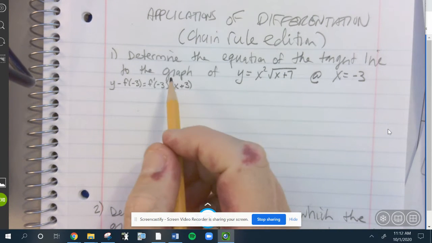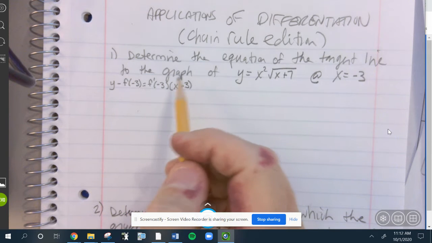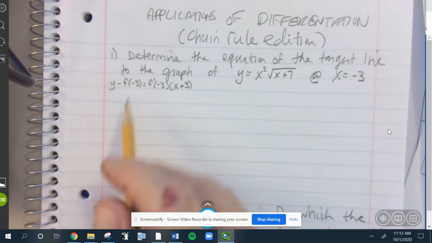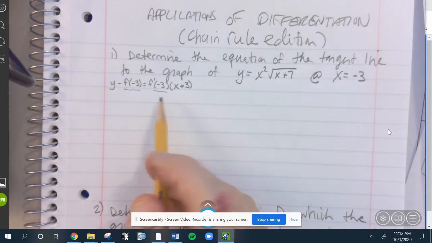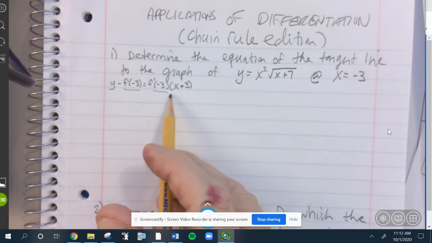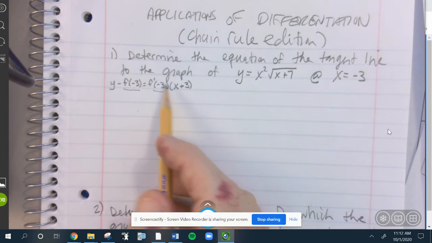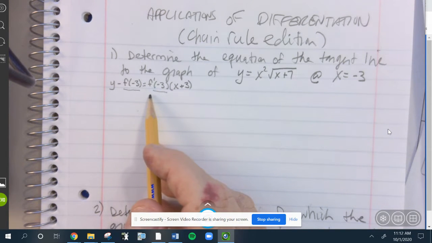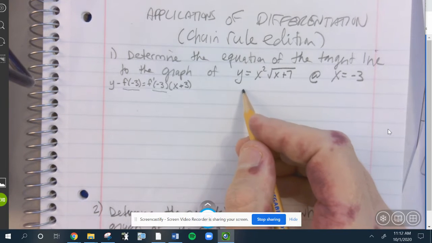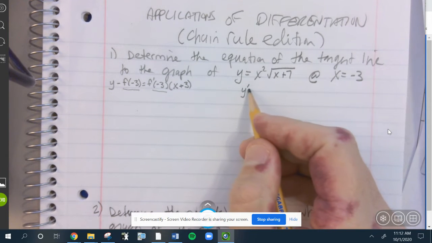So, like always, for the equation of the tangent line, there's two calculations, this one and this one. Let's figure out what the derivative is first, because we're going to have to figure that out to calculate this, and then we'll calculate both of them together. So the derivative is a product.